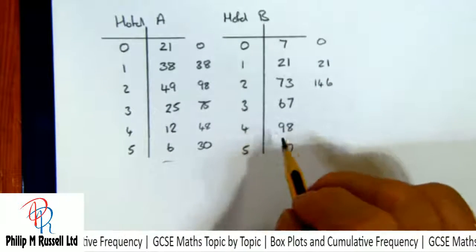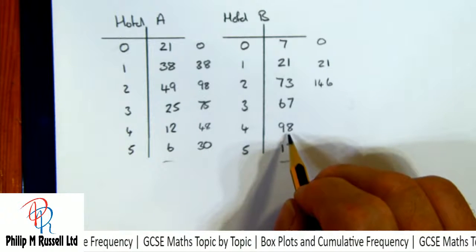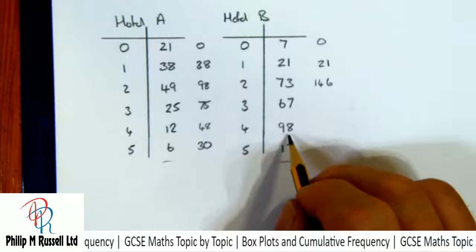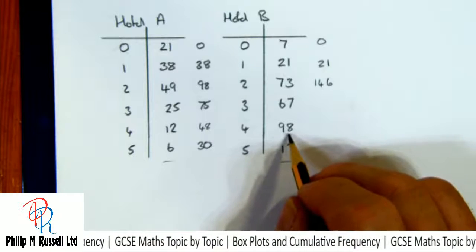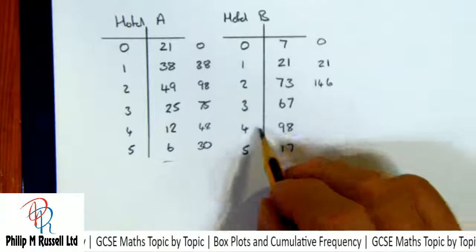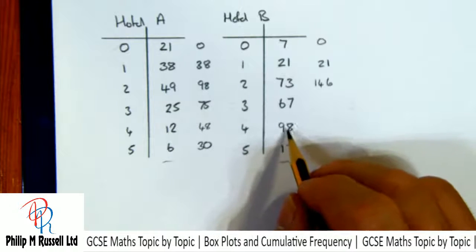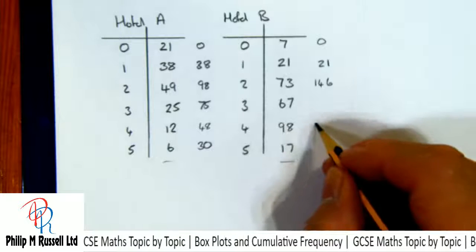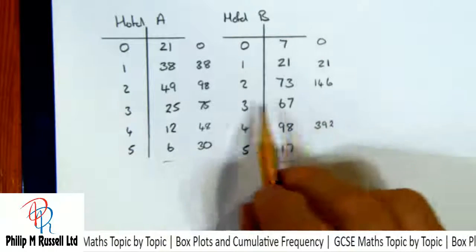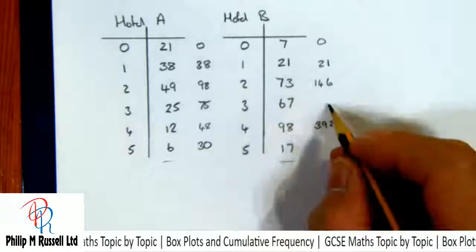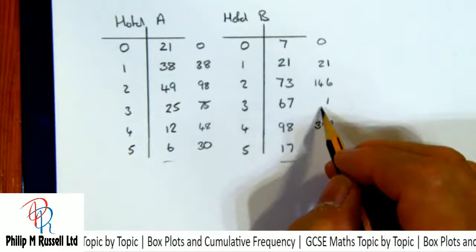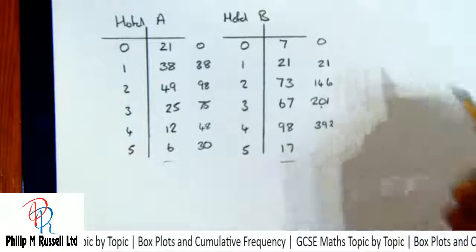We've got 4 98s. Now the easiest way of doing that would be that's going to be 400 minus each 2, so that's going to be minus 2 4s are 8, so that's going to be 392. 7 3s are 21, and 6 3s are 18, plus those 2, which gives me 201.